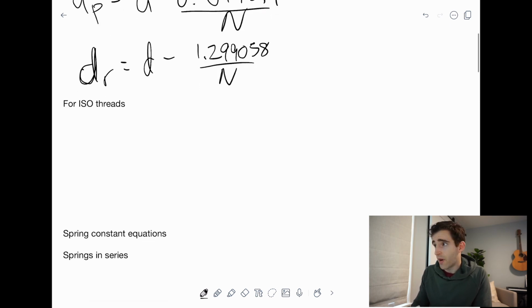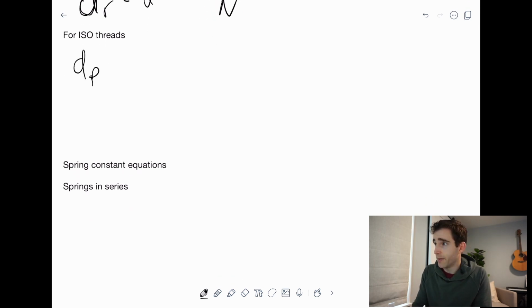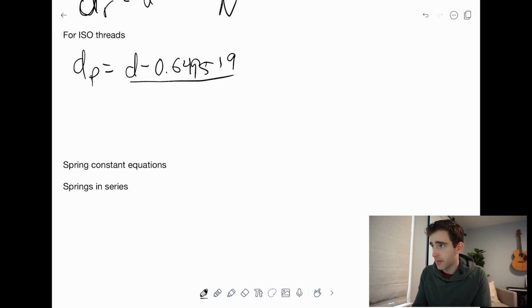And then it's similar for ISO threads, but the constants are a little bit different. We'll write those out as well. Oh, I made a mistake. This is not divided. This is just the constant divided by n.